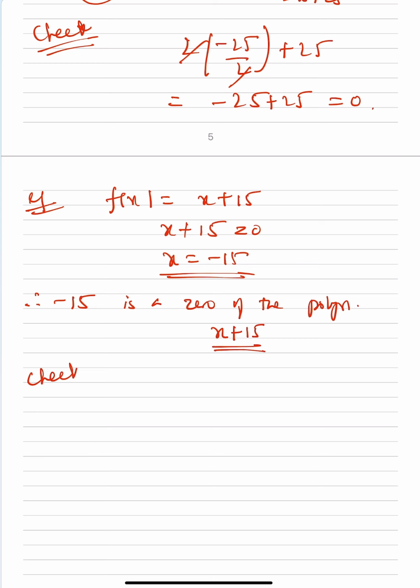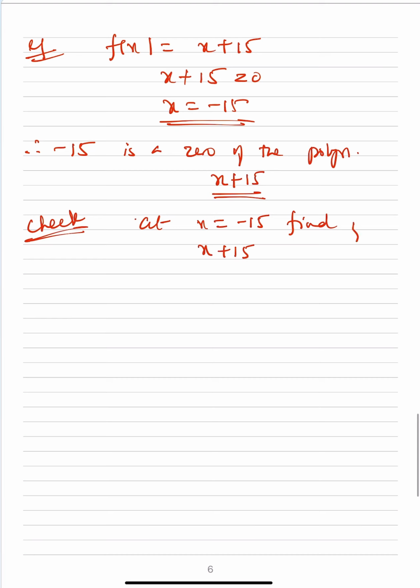Let us check that at x is equal to minus 15, find x plus 15. Is it 0 or not? I will write f of minus 15 is equal to minus 15 plus 15. So 0. Got it? So this way you need to find zero of the polynomial.